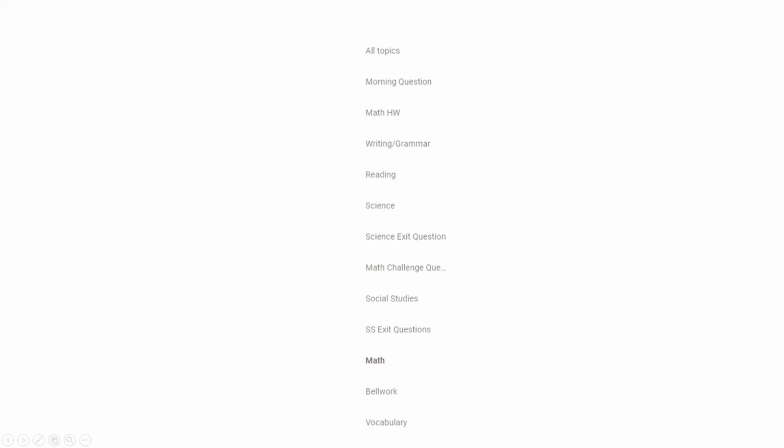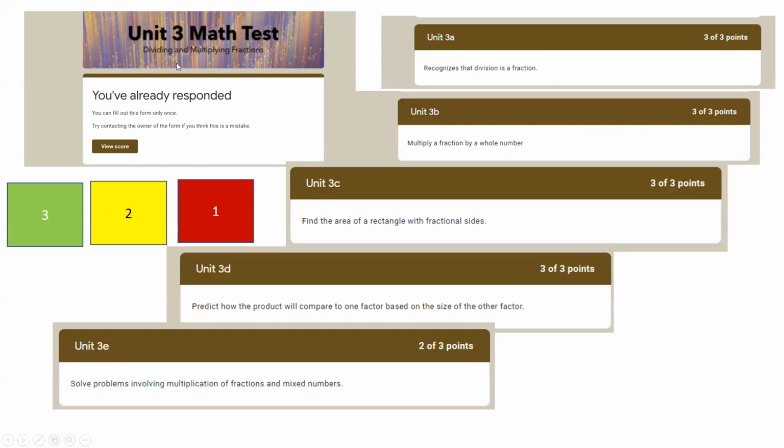This person doesn't have that, so they have to just go into math, but you guys should all have math test as an option. When you go into math test, you want to find the Unit 3 test, okay? And when you find the Unit 3 test, which you took in December, you're going to want to click that test. It's going to say, hey, you've already responded. And you say, that's okay, I want to view my score. When you view your score, you're going to scroll until you find each of these, and they're not going to be right next to each other.